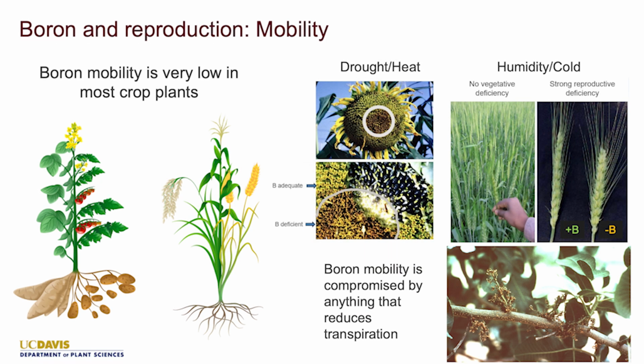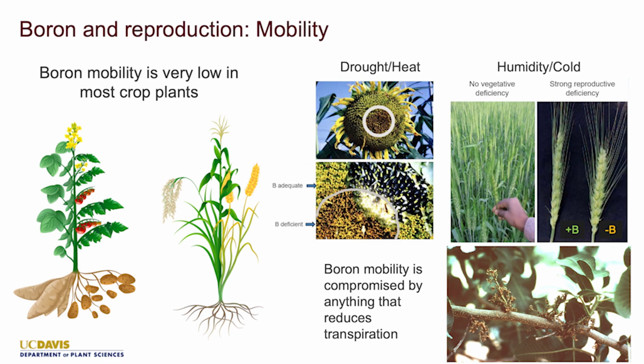We also spent some time looking at mobility in the plant. This is another reason why reproduction is sensitive to boron deficiency. Boron mobility is very low. This means that boron in the soil can be taken up by the plant, but it's very difficult for it to be redistributed into the flowers or the fruits as they develop.